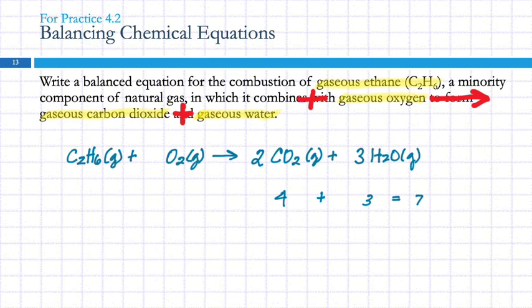So what I'm going to do is I'm going to multiply by 2, and I'm going to multiply by 2 all the things that I've already balanced. So this 2 is going to become a 4. This 3 is going to become a 6. What's the coefficient here right now? It's a 1. I'm going to multiply that by 2 also.